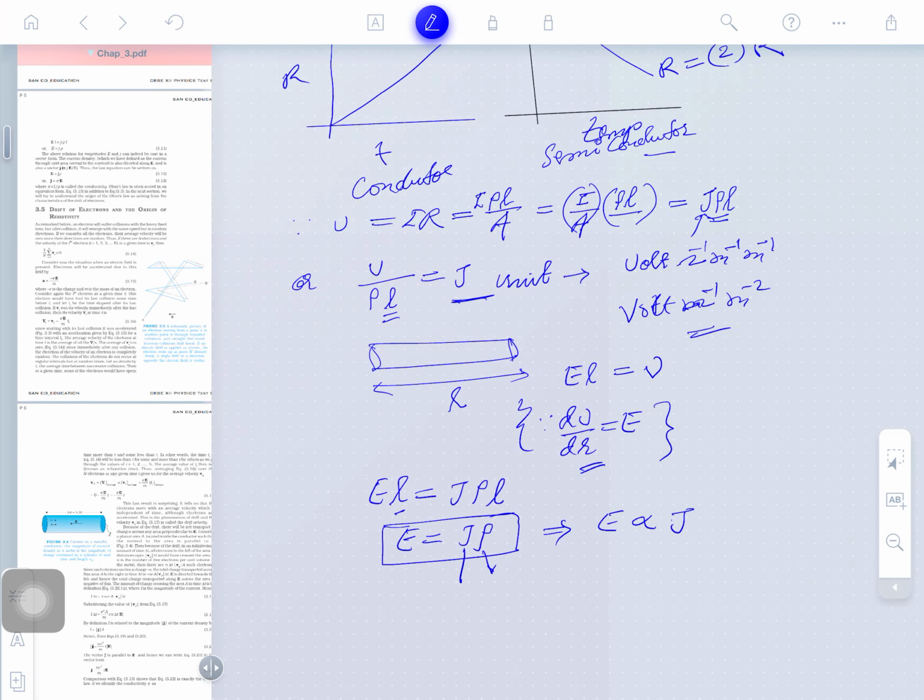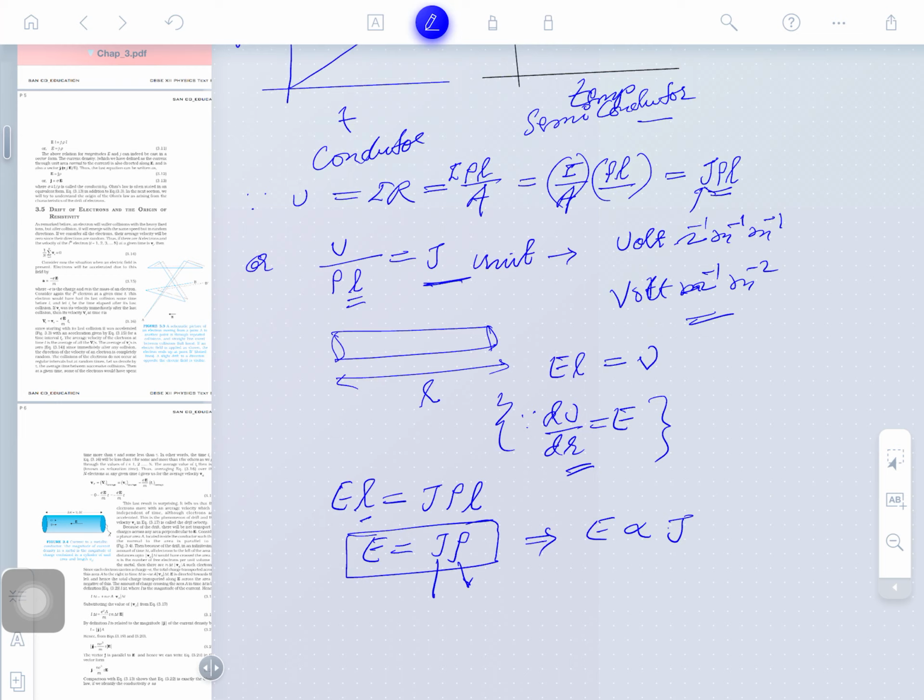In the examination, this question comes sometimes, so you just have to note it.